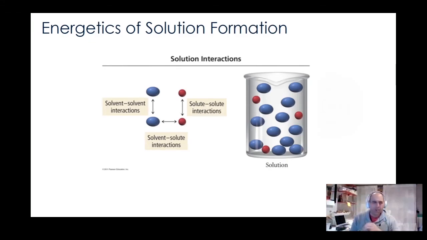So we're going to talk very conceptually about the energetics of solution formation. There are some questions and slides where there's some numbers, but we're really not going to talk about those. Now, the solution formation here is basically, and we talked about this very briefly at the beginning, there's something holding the solvent molecules together. Let's assume it's water. And so that's hydrogen bonding.